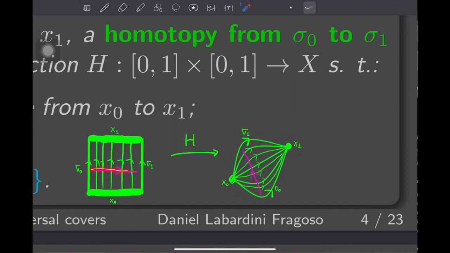So somehow the image of that would look like this. Okay, and then relative to endpoints is that all of this segment in the boundary of the unit square goes to x1, and all of this segment in the boundary of the square goes to x0.